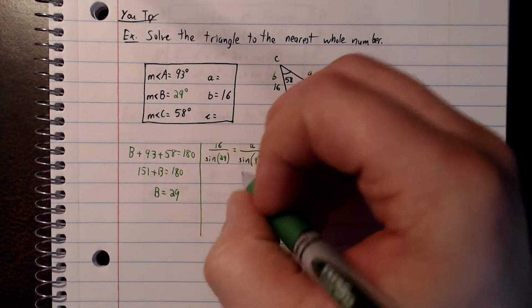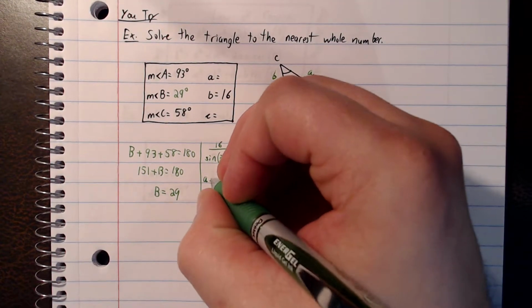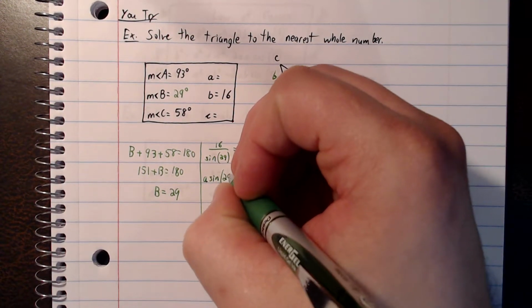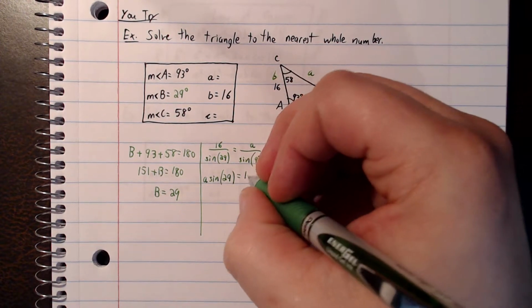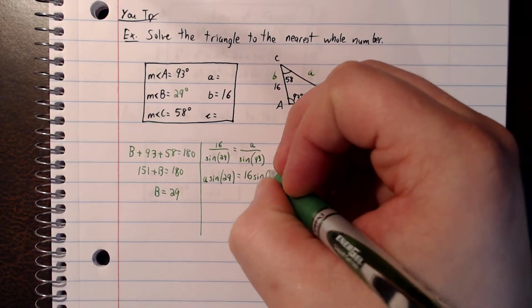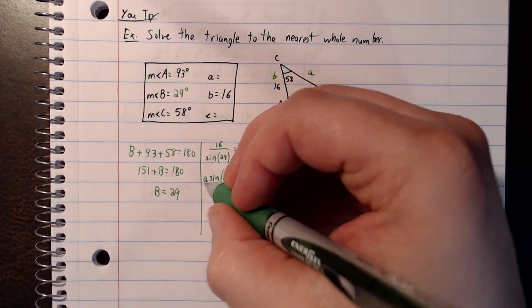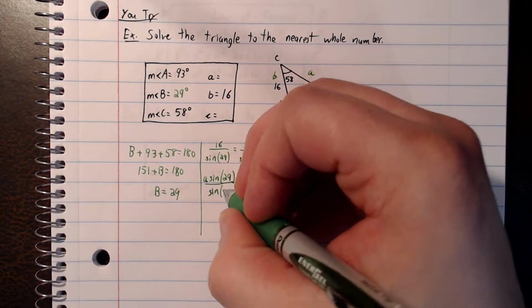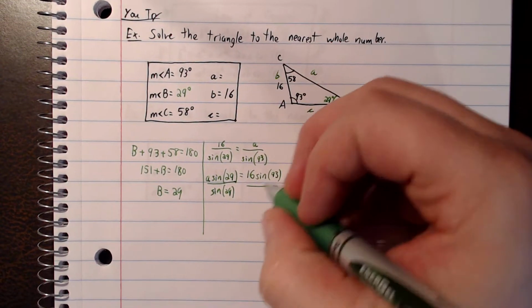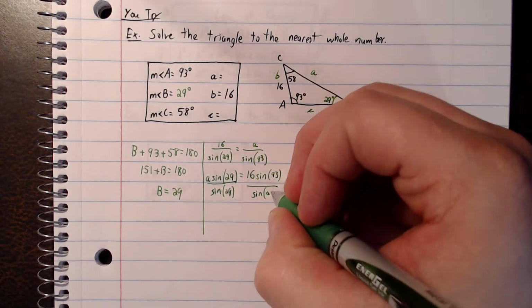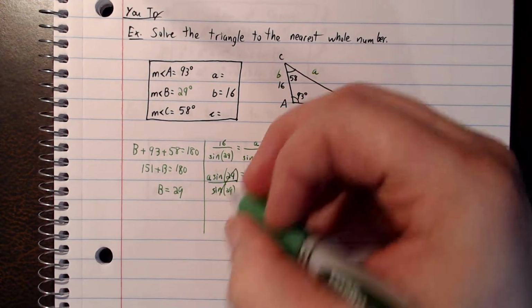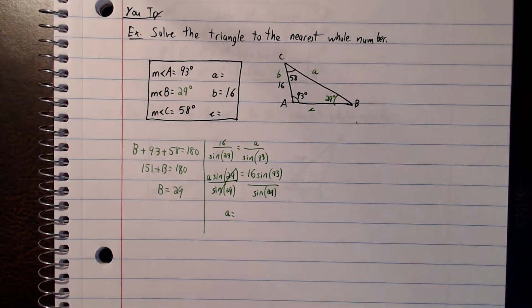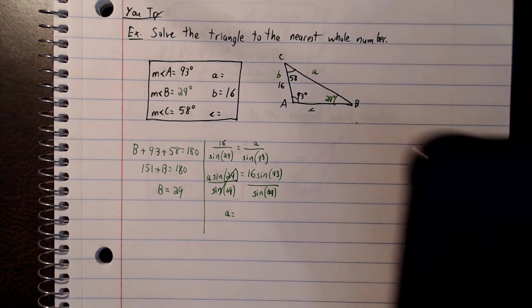Gonna have to cross multiply, right? So we got A times sine of 29 equals 16 sine of 93. Divide by sine of 29. And this is the thing that we're going to type into our calculators.